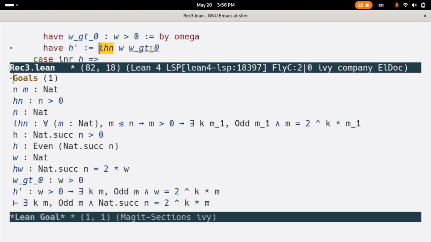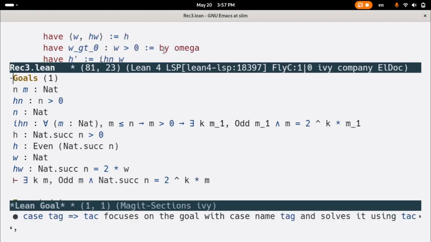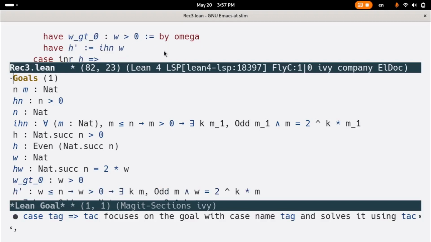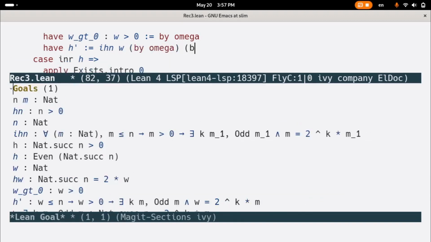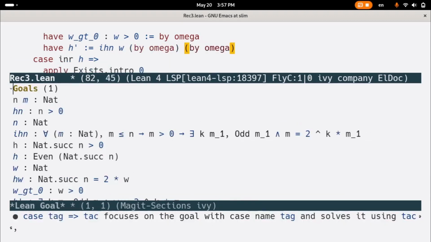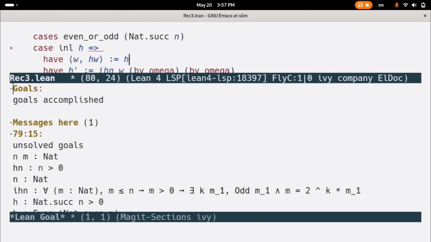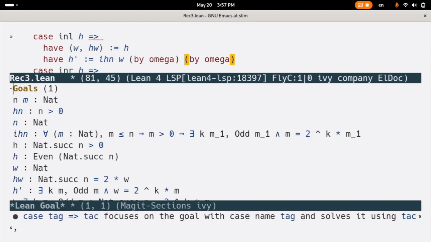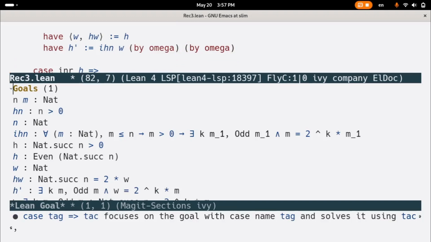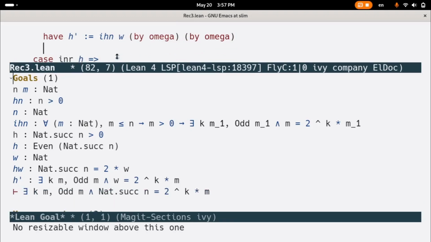We also need the fact that W is less than or equal to N. So the omega tactic should be able to determine this here. So we can inline both applications of omega, one to conclude that W is less than or equal to N, the other to conclude that W is greater than 0.